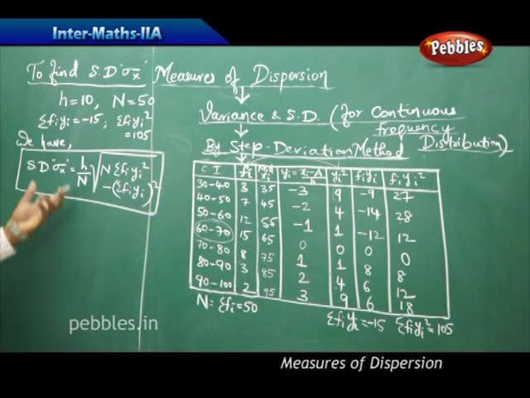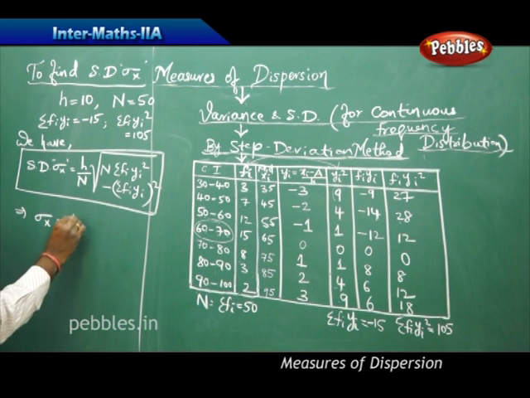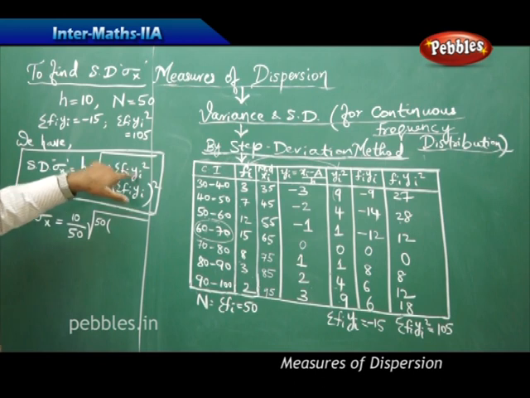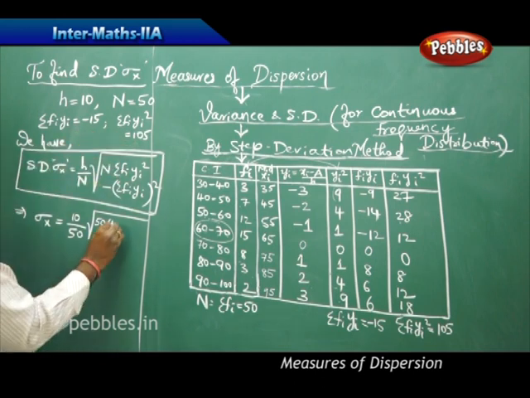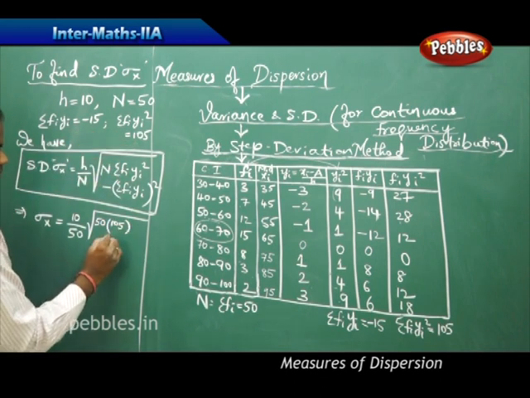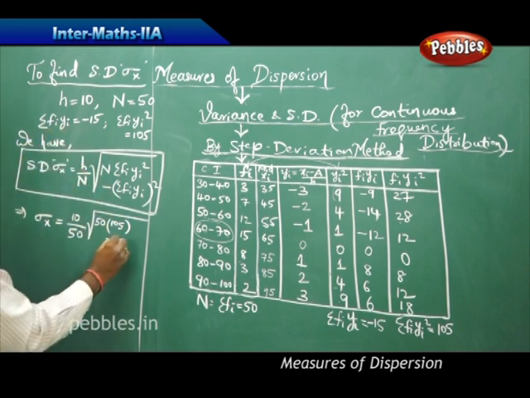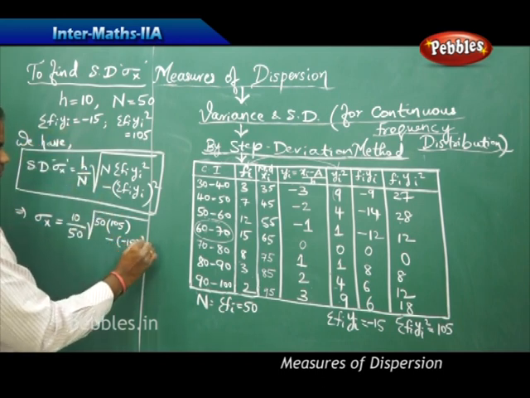So substituting h and these values in the formula, we get sigma x is h, which is 10, by n, which is 50, times root of n, which is 50, times sigma fi yi square, which is 105, minus sigma fi yi, which is minus 15, whole square.